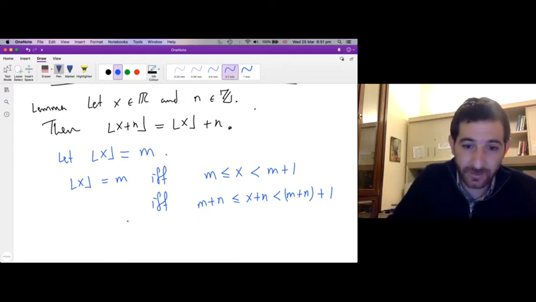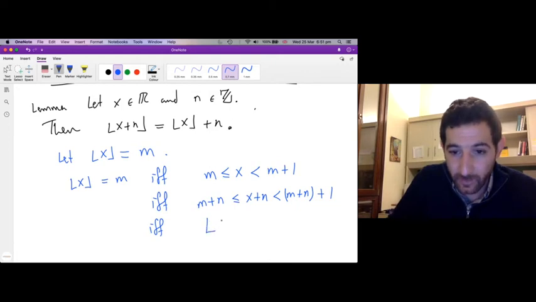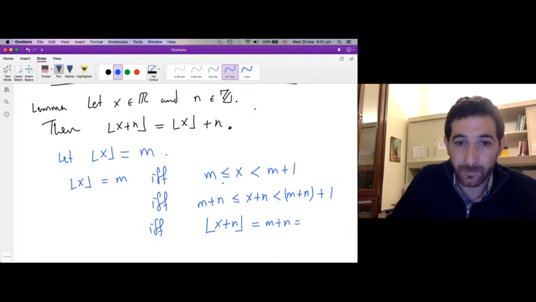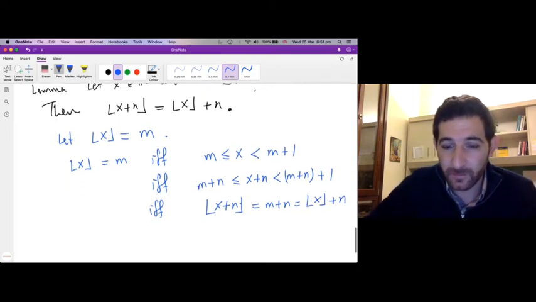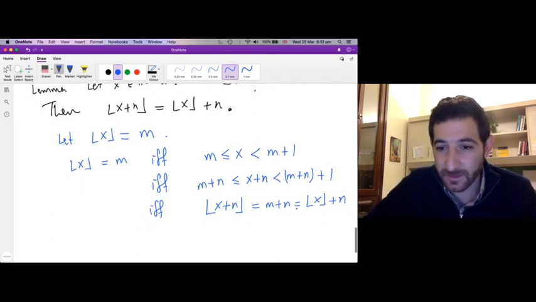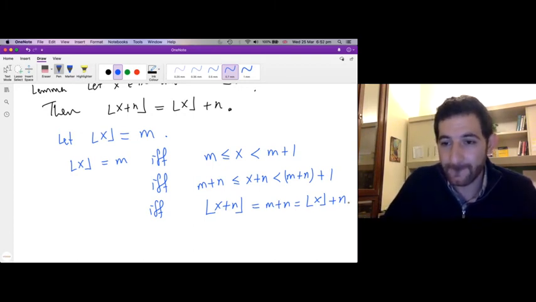So if we use the star lemma again in the opposite direction, this means that the floor of x plus n is m plus n. But what is m? m is the floor of x. So this shows that the floor of x plus n is equal to the floor of x plus n.